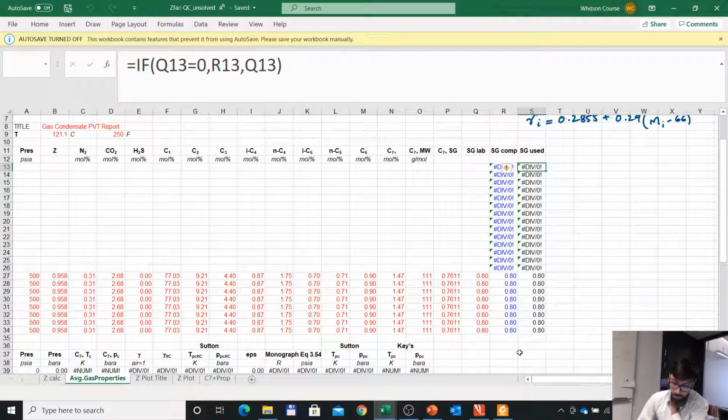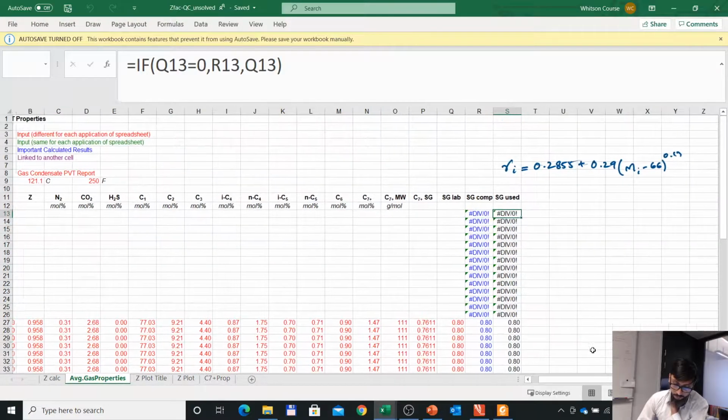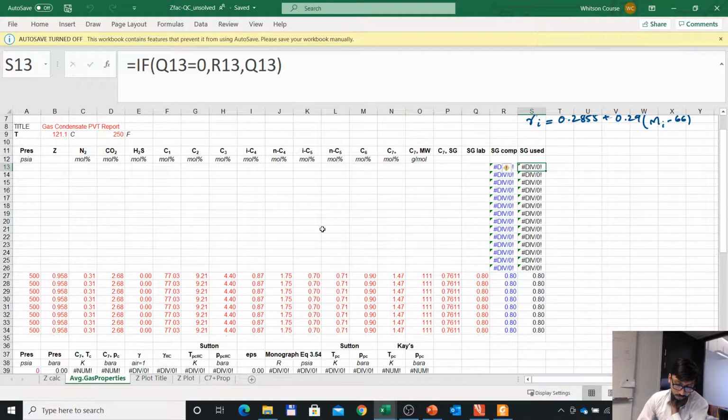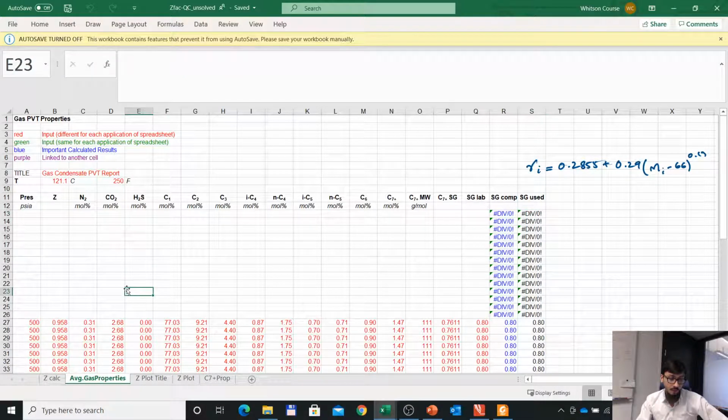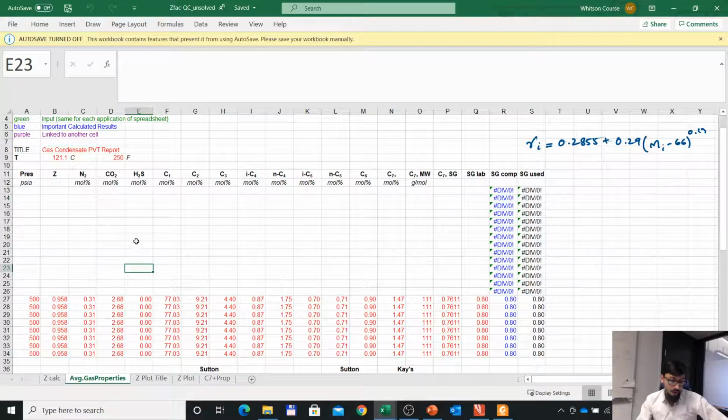Yeah, so this will be the Excel spreadsheet that we will be using, and there are a bunch of spreadsheets. The relevant spreadsheet for entering the data is this one here.